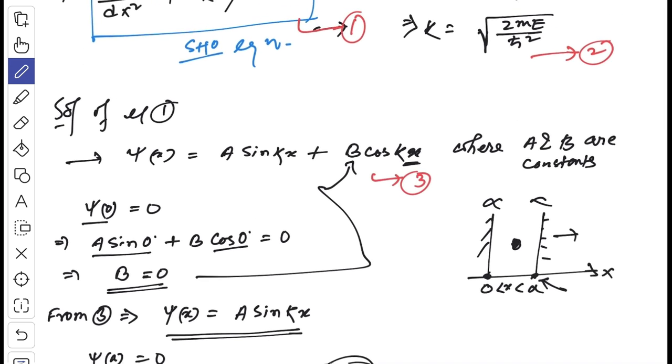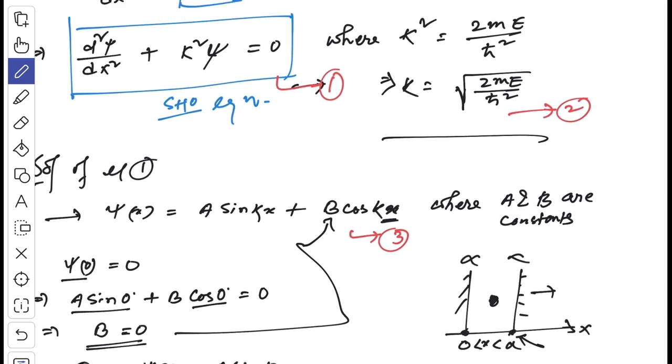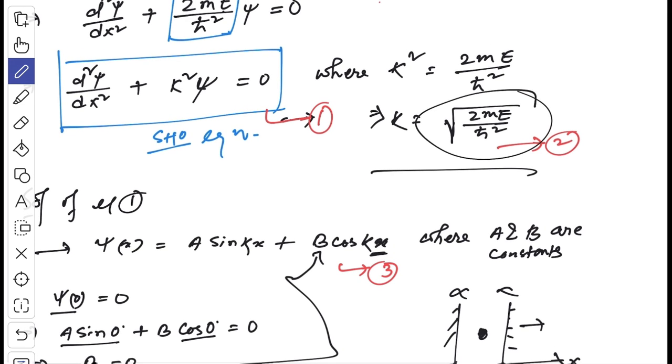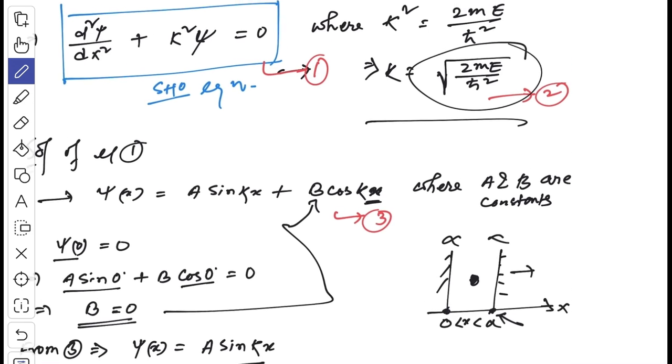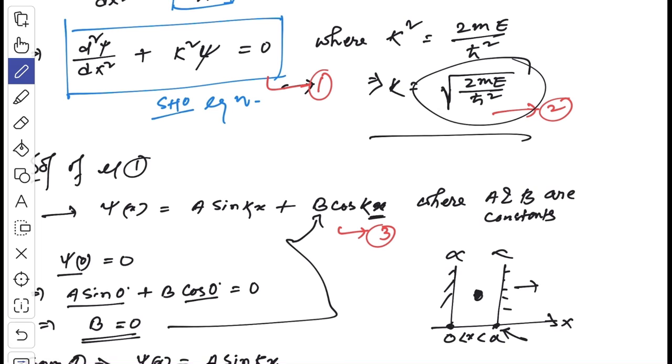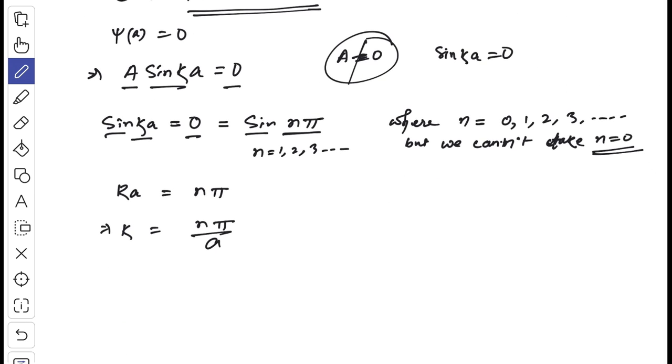Now from equation 2 you can see clearly k is equal to this term, root over 2mE by h cut square. Let us put this value of k here in this equation that we have got now. So k is equal to root of 2mE by h cut square, that's equal to n pi by a.